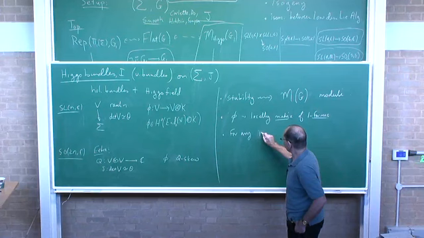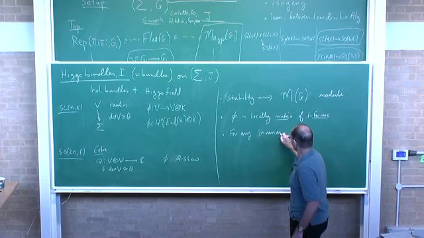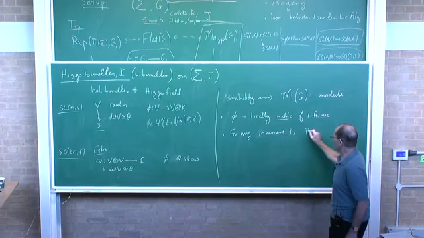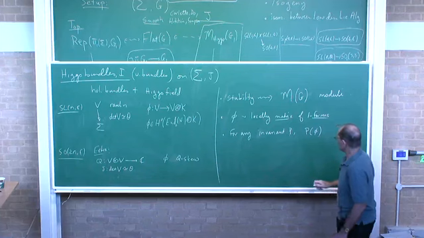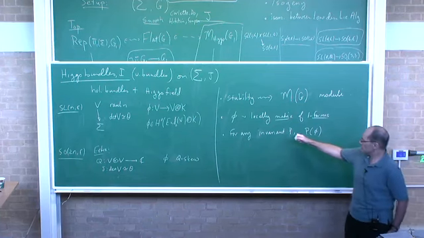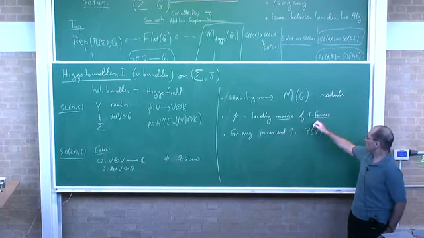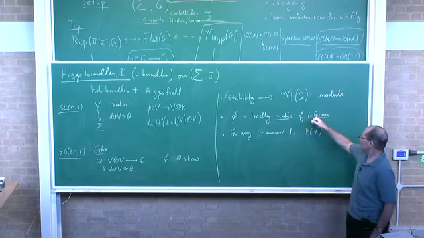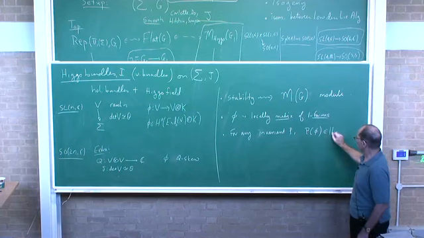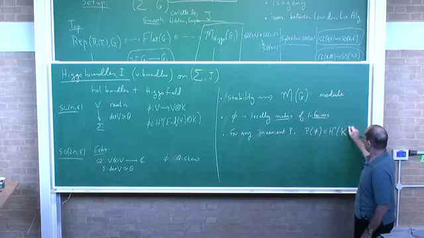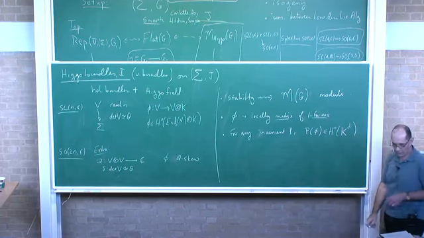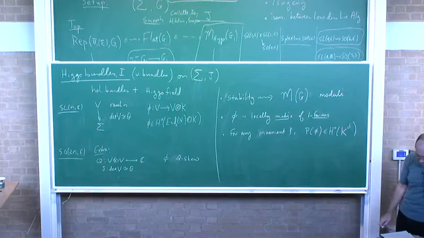So for any invariant polynomial B, if you evaluate that on the Higgs field, that makes sense. If this is a degree D polynomial, then the result will be a D form, so this will be a section of the D power of the canonical bundle.